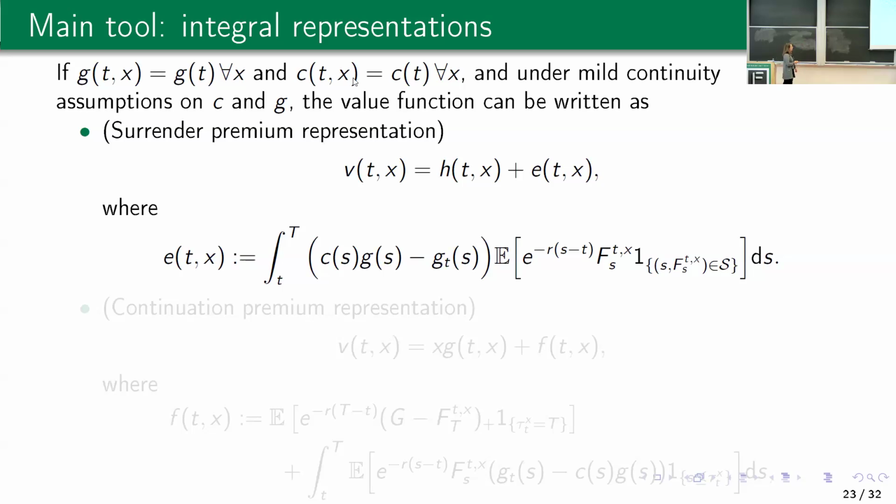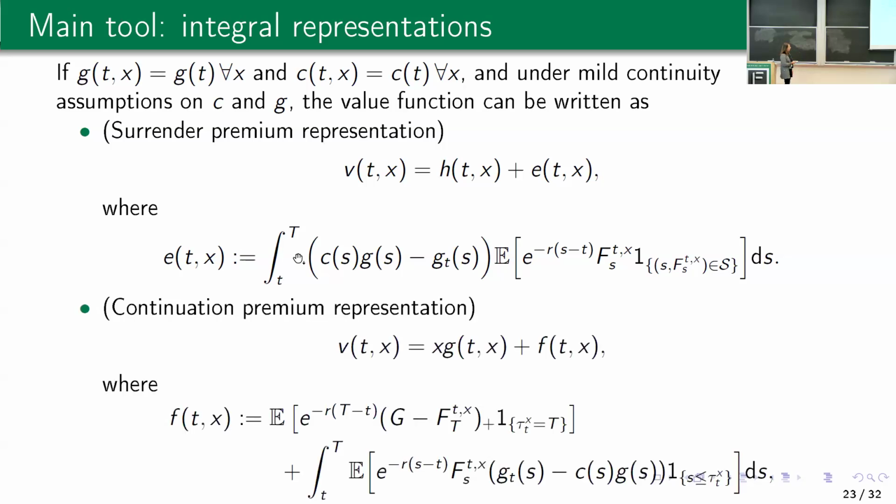We got the integral representation here for the value function, just like in the previous presentation. So we also got this integral representation, which is, to us, analogous to the representation for the American option. Here, the E, we call it the surrender premium. This is basically the value of the European contract, or present value of the maturity benefit, plus the surrender premium.